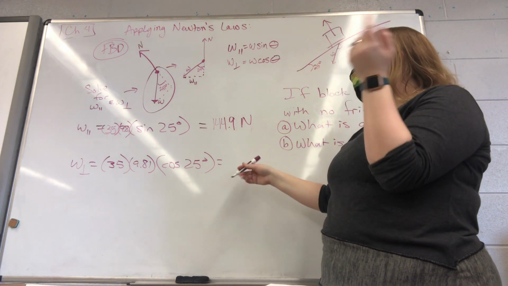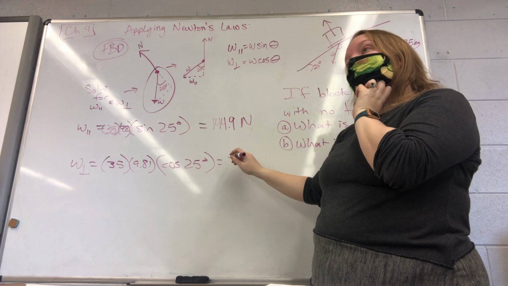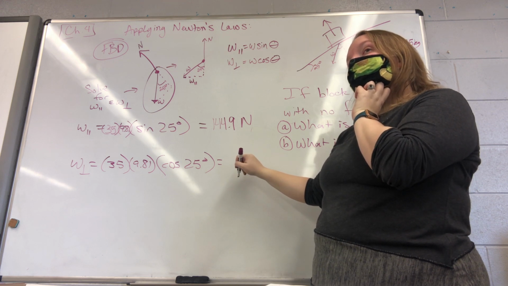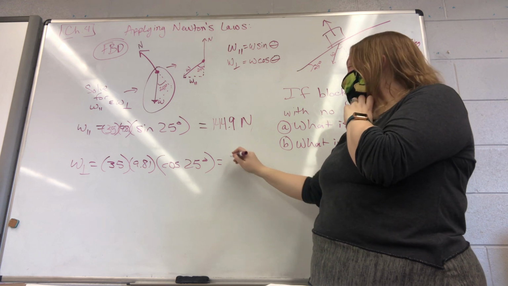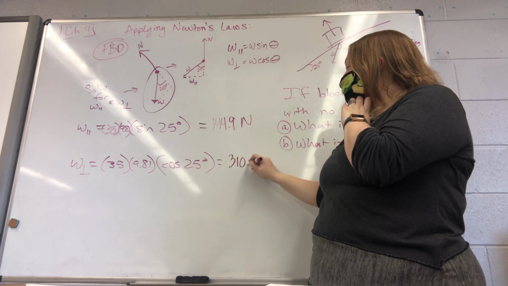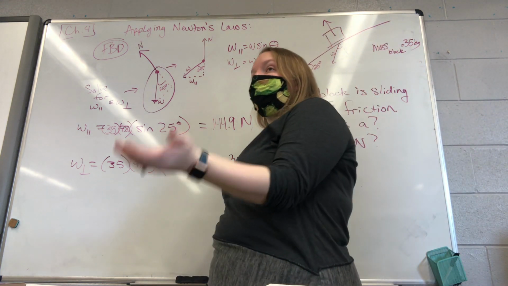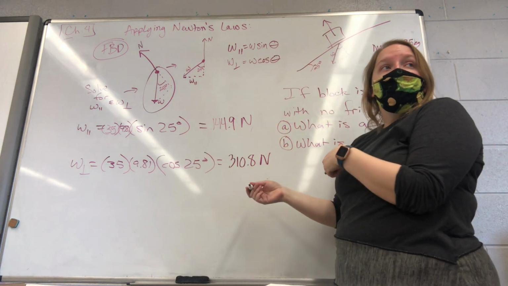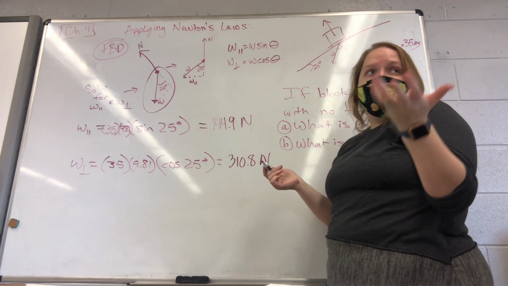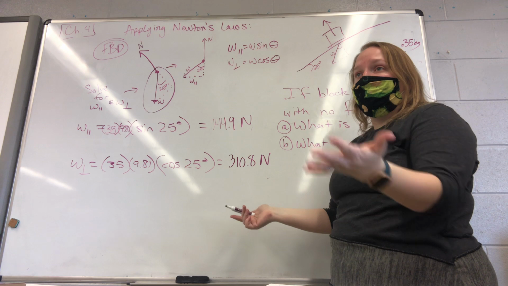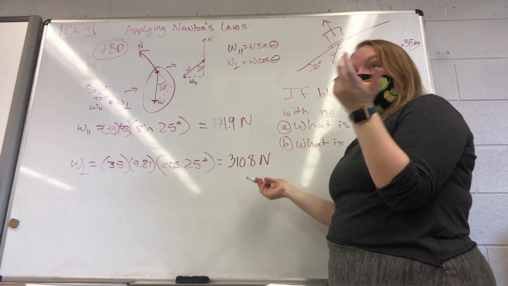And then what'd you get for the other one? 310.8. Okay. There's no frame of reference for saying these are wrong, right? In our particular case, weight is mass times gravity. The mass of a human being is anywhere between 60 and 100 kilograms, right? So this isn't necessarily bad.